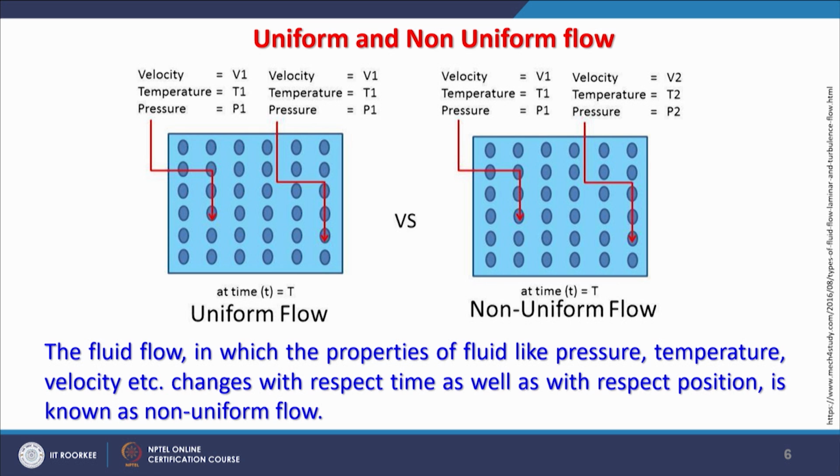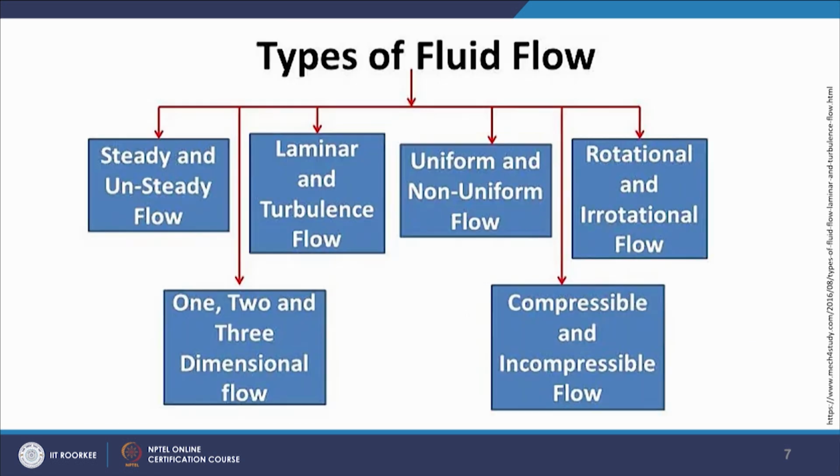So, again, the water flow in which the properties of fluid like pressure, temperature, velocity etc., change with respect to time as well as with respect to position is called non-uniform flow.